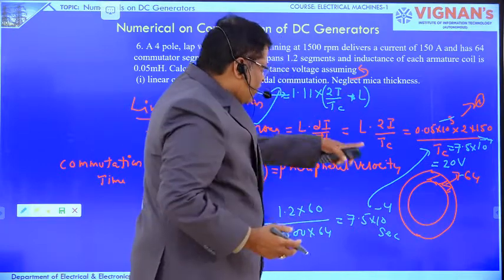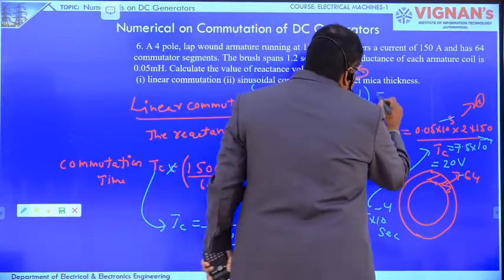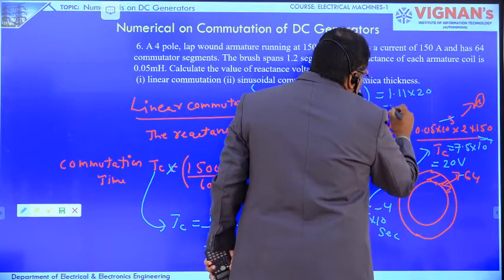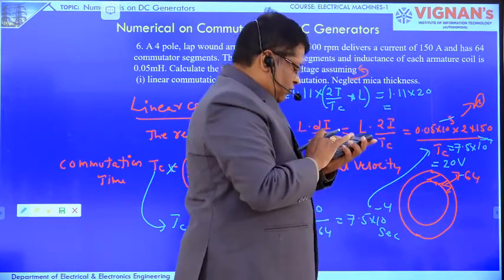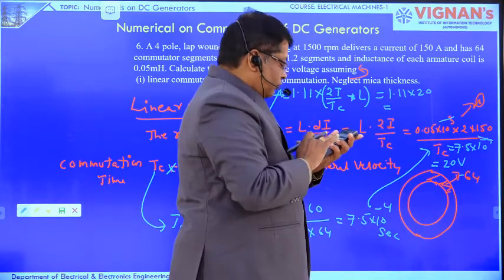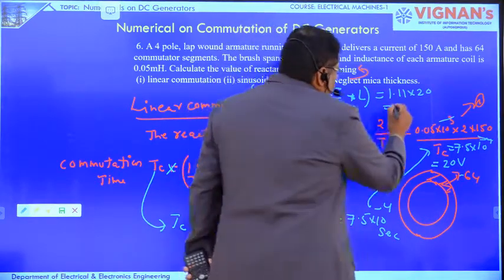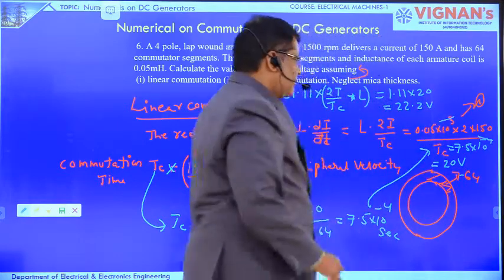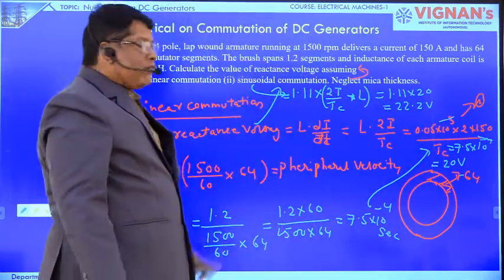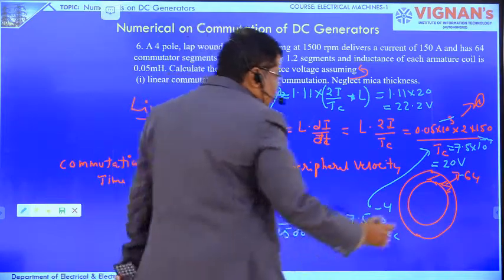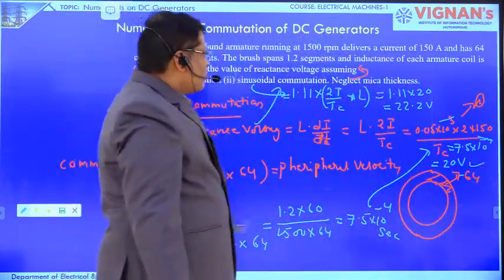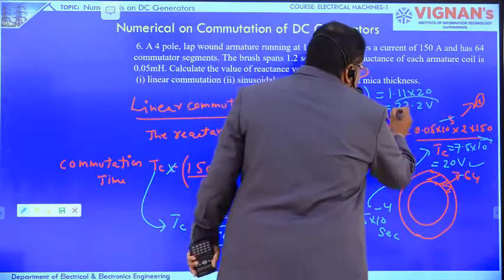You substitute that value, 20 you are getting here. So 1.11 into 20 gives 22.2 volts. In a linear commutation, the reactance voltage is 20 volts. In a sinusoidal commutation, the reactance voltage becomes 22 volts.